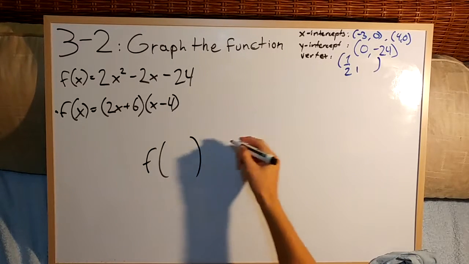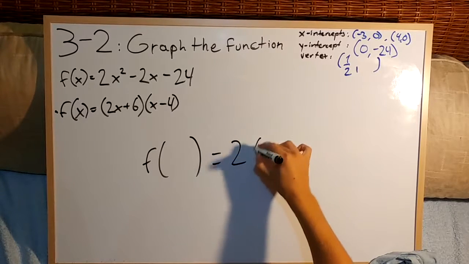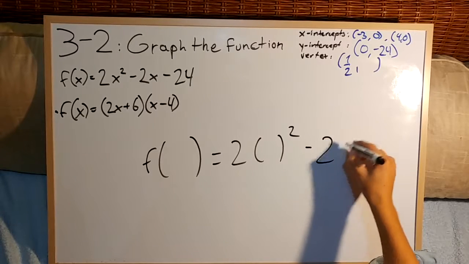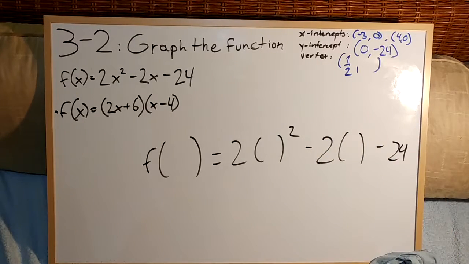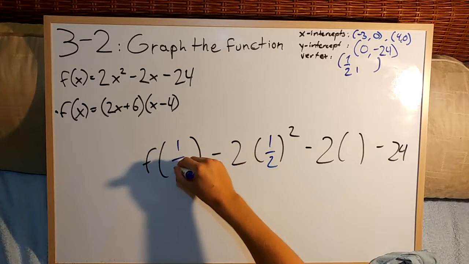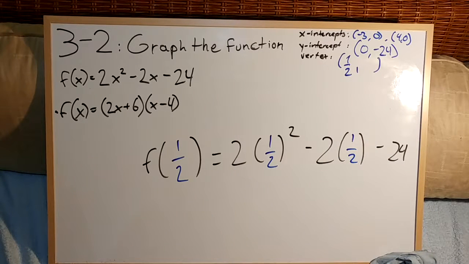F of half is equal to 2 times half squared minus 2 times half minus 24. I would just solve. What is half squared?